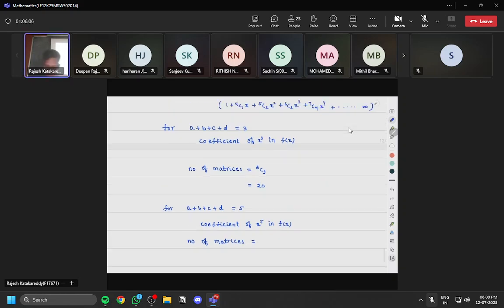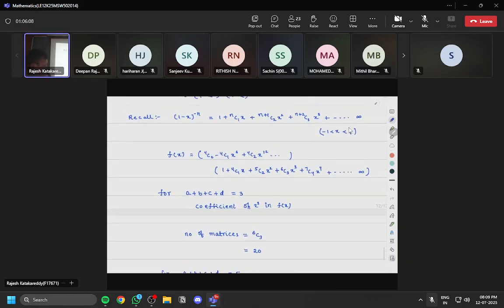So, how to get the coefficient of x power 5? Constant with x power 5, x power 6 we don't want. Like you see the pattern, please. What you have below, you are adding 3 to that. It is 1, added 3 to that. 2, add 3 to that. 3, add 3. 4, add 3.